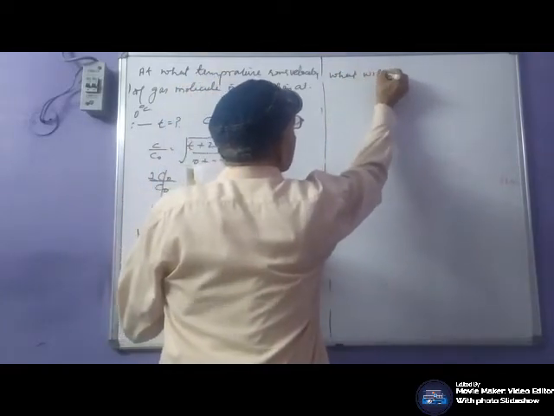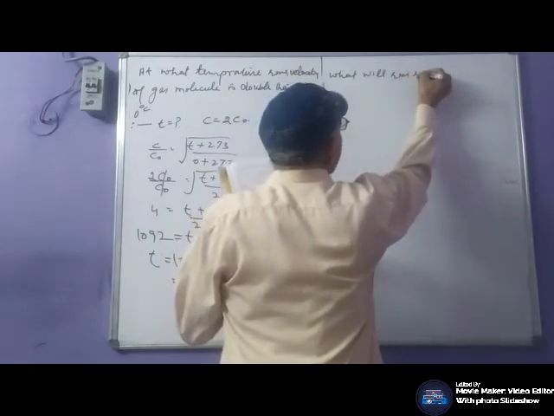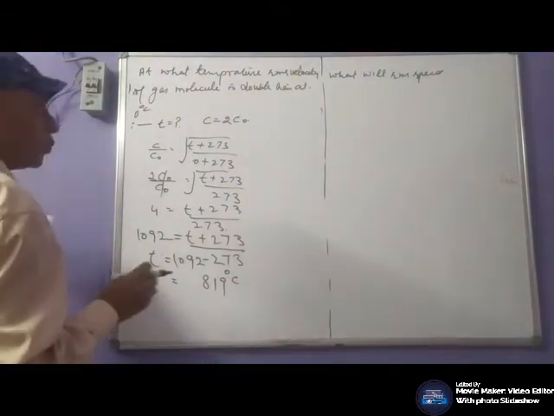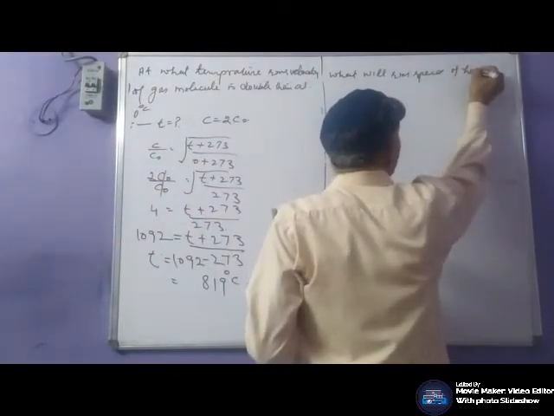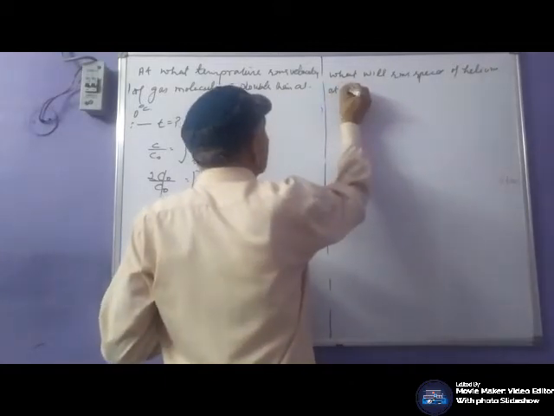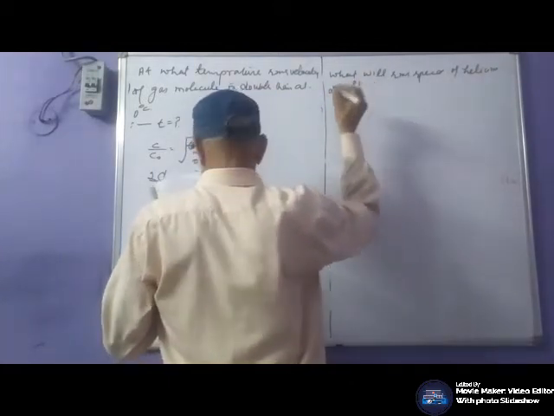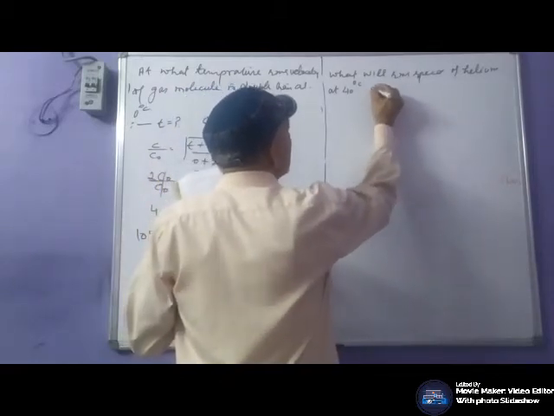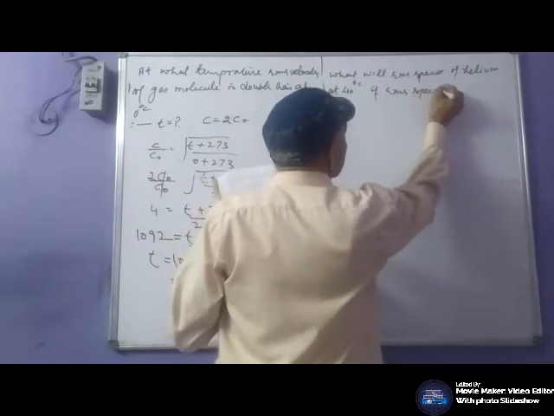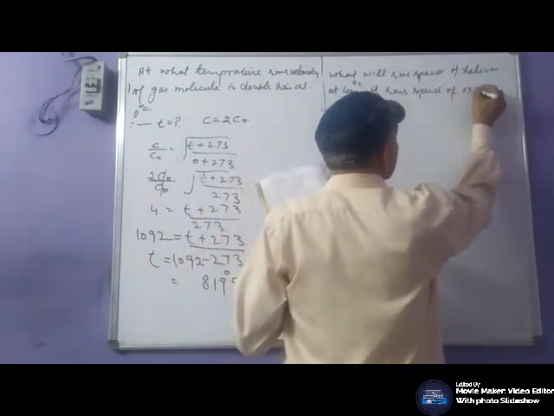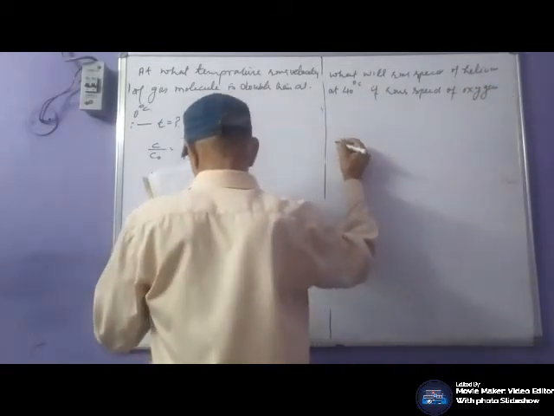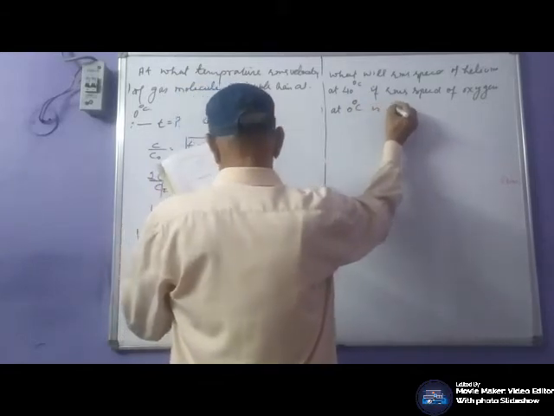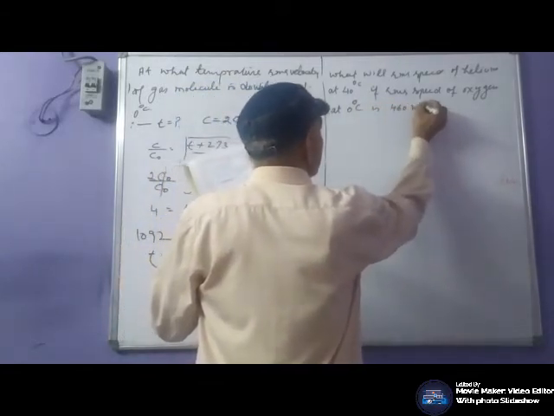What will be the RMS speed of helium at 40 degrees Celsius, if the RMS speed of oxygen at 0 degrees Celsius is 460 meters per second?